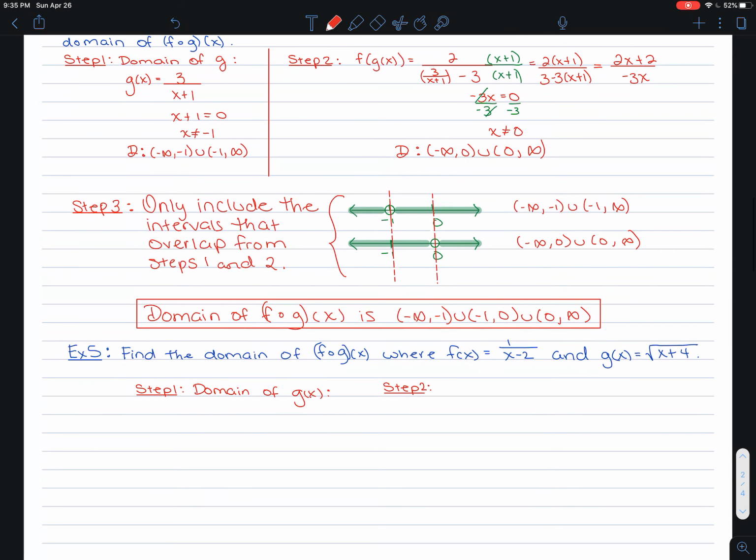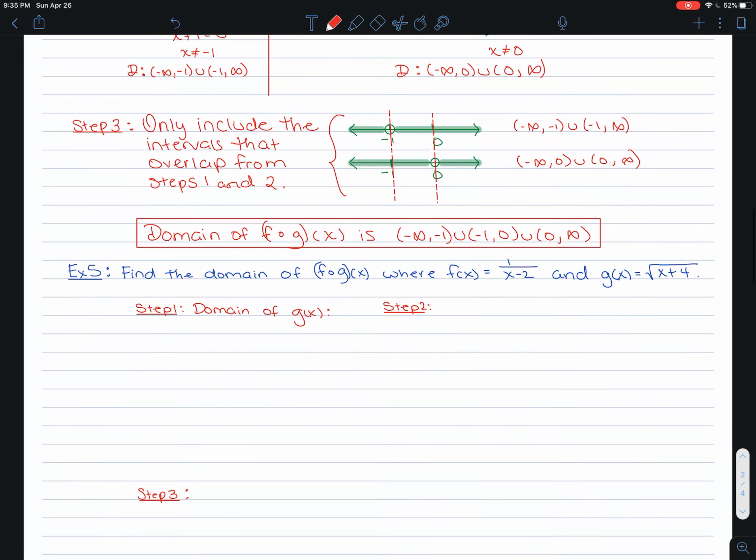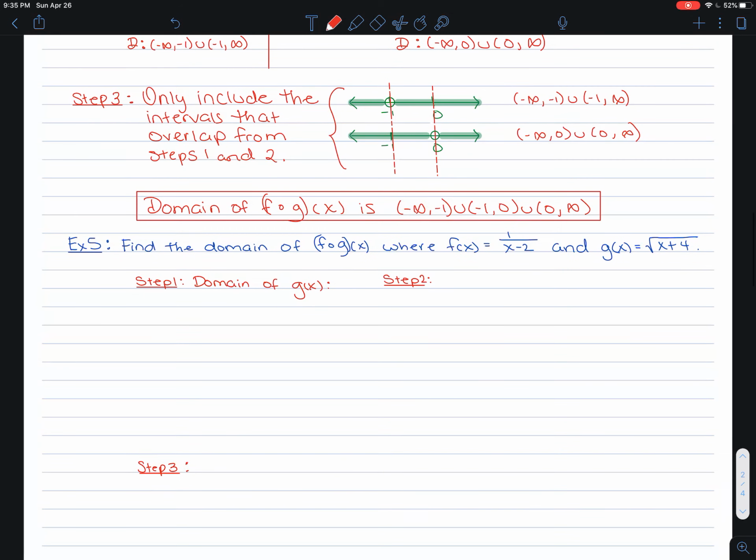Now, see if you can do example 5. Again, press pause and try to do that one before you see how I do this problem. Again, we're going to start with the domain of g of x. So we have x plus 4 has to be greater than or equal to 0 since we have an even root. Okay, and then solve: x greater than or equal to negative 4.